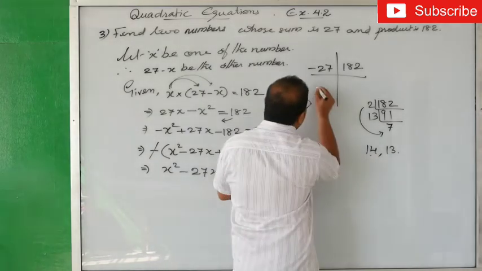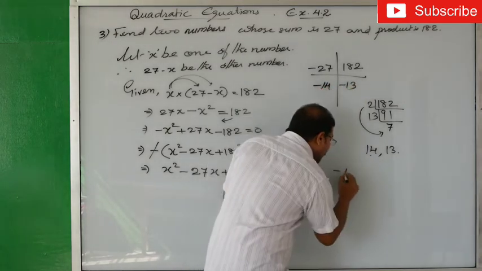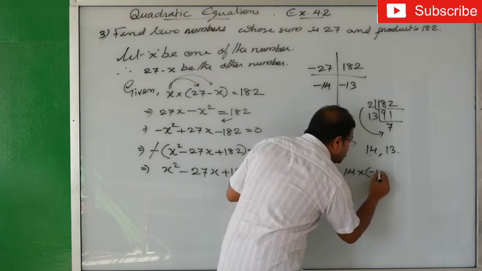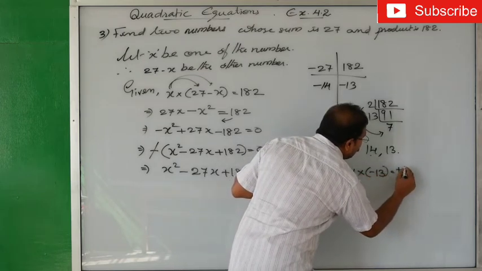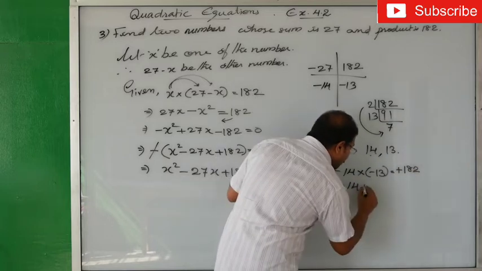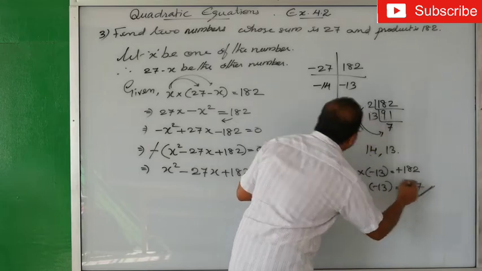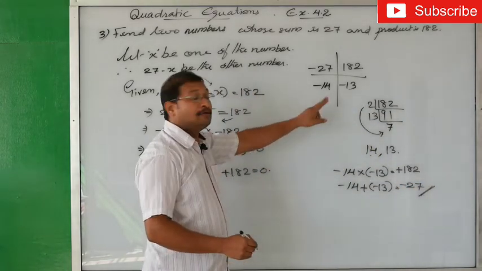That means the numbers are minus 14 and minus 13. Because minus 14 into minus 13 will get plus 182. Minus 14 plus minus 13 will get minus 27. So the numbers are minus 14 and minus 13.